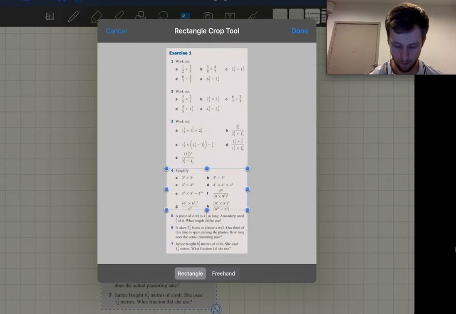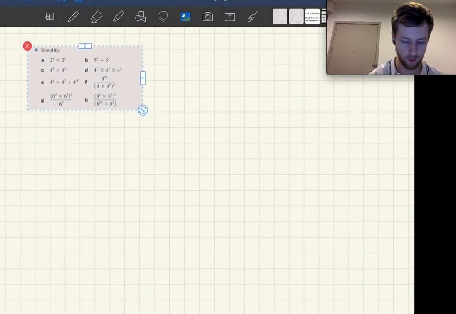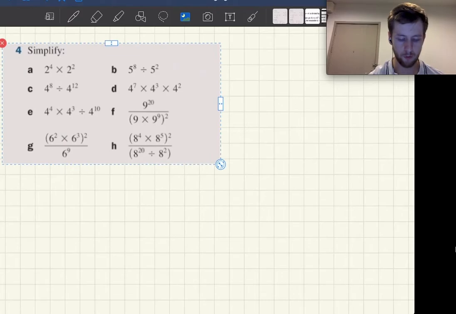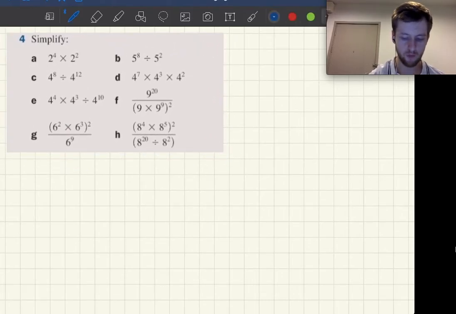Number 4. So number 4 is about powers, and for powers I think I have to remind you some laws that help us to multiply numbers with powers.